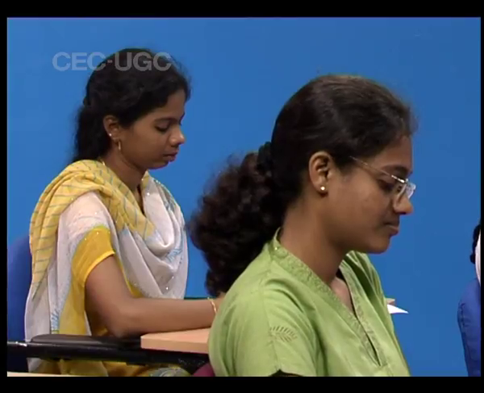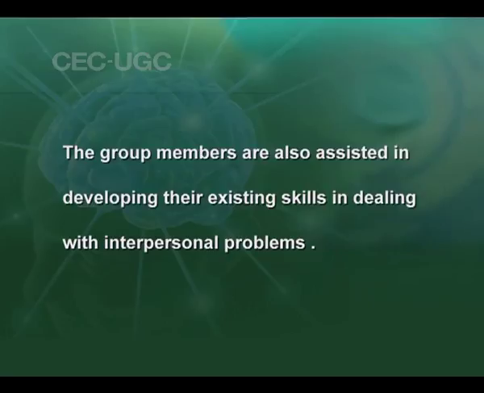They may share their own problems which they think are the major concerns for them, and in the process there is empathy and support provided to each other. In turn they also try to change their self-defeating behaviors. The group members are also assisted in developing their existing skills in dealing with interpersonal problems.